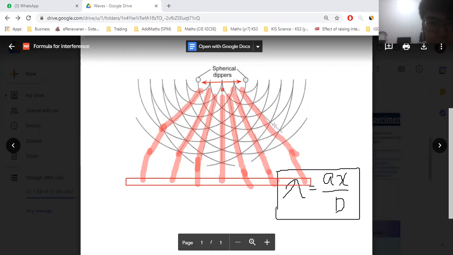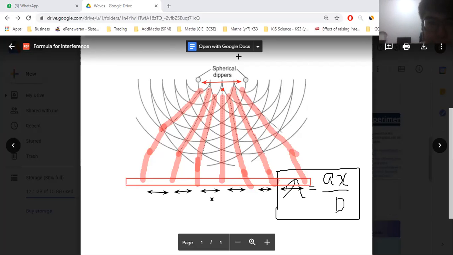So if you put a screen here, then you will see the distance between each constructive interference line, and this one is the x. Distance between the constructive lines. 这个是 x，然后它是一样的，这个也是 x，这个也是 x，它是全部都一样 distance. The distance between each successive line is the same.